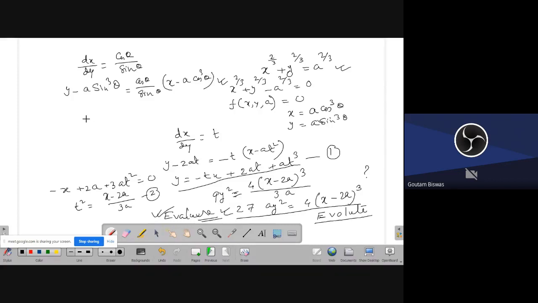If you simplify this, it comes out as x cos theta minus y sine theta equals a sine twice theta. So from here this step comes.